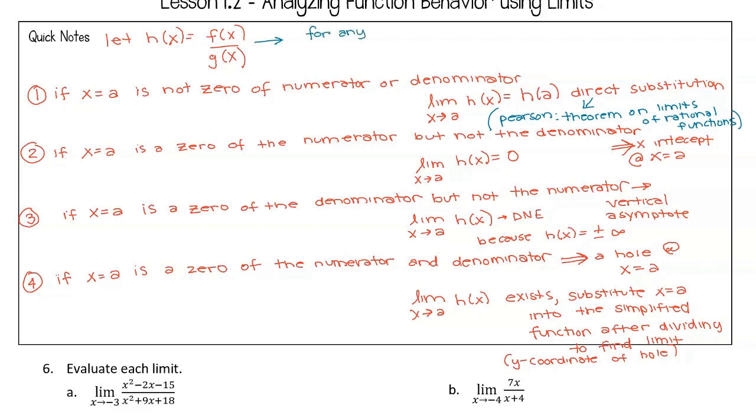For any value k that's not equal to 0, when you plug it into a rational function, if you have k over something approaching 0, this is going to be infinity, or if k is negative, it'll be negative infinity. If you have 0 over k, that's just equal to 0.